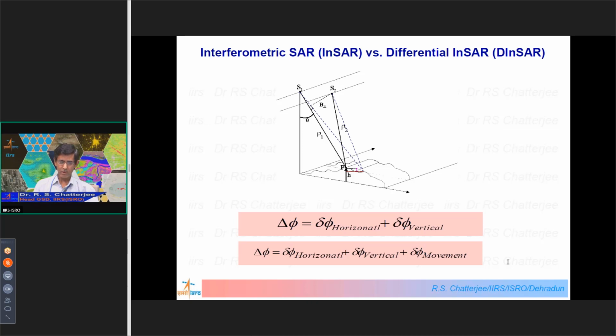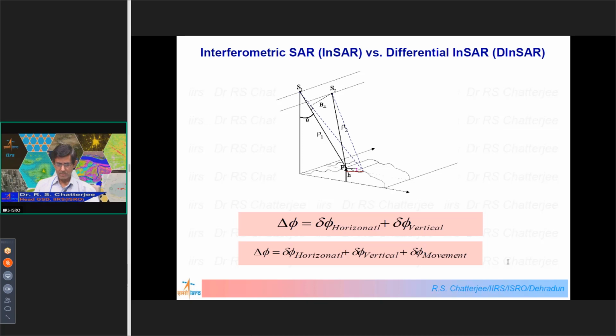If you consider two neighboring points, the horizontal distance from your radar antenna is not the same for both, so there is a difference in the horizontal distance, and if they are not at the same elevation, there is also a vertical difference. So this total phase difference delta phi is equal to del phi horizontal plus del phi vertical.